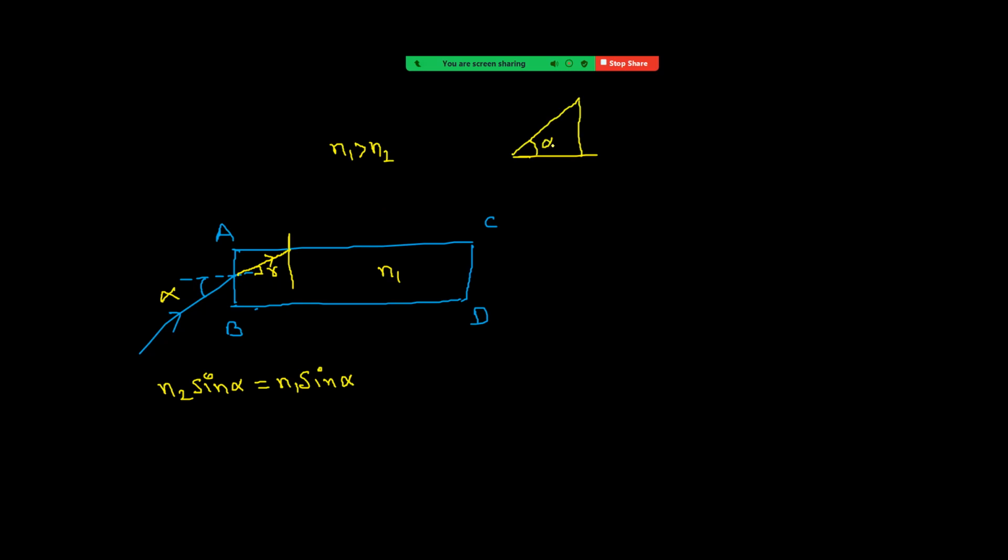This is R. Let us take it as P, and this is Q. Now you can see in this triangle, this angle is now 90 minus R. So this is R, okay? Angle of refraction.